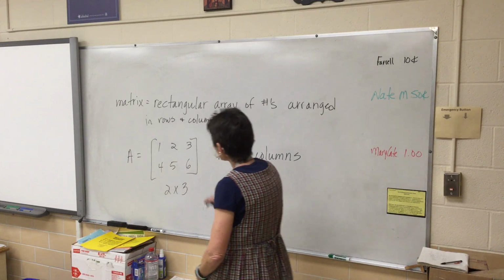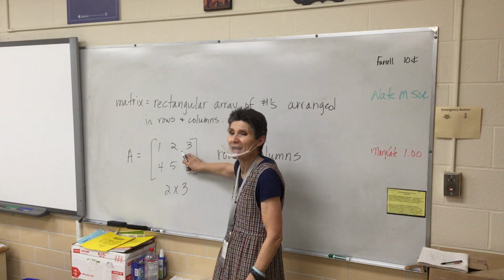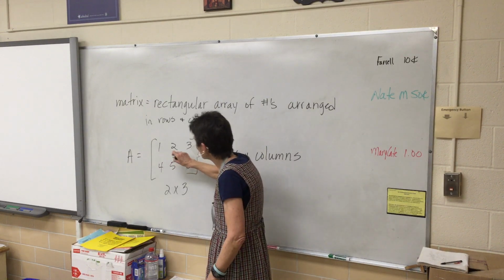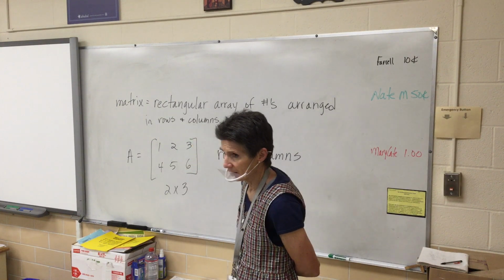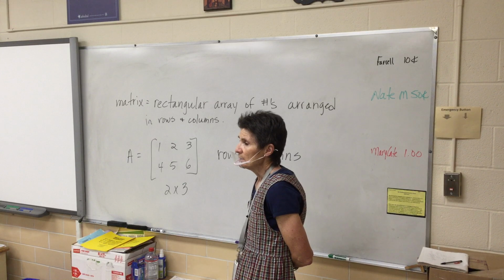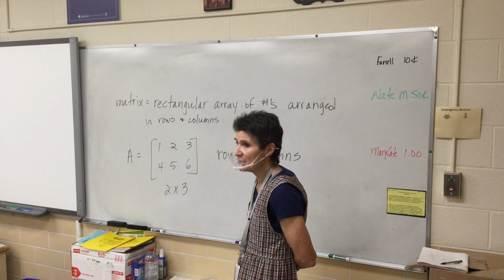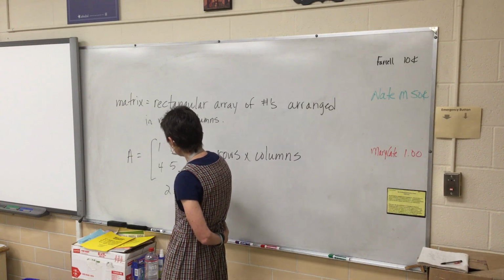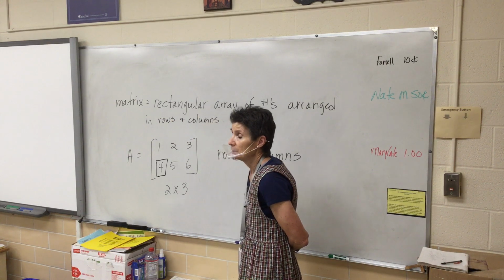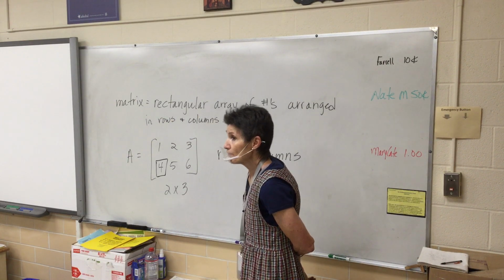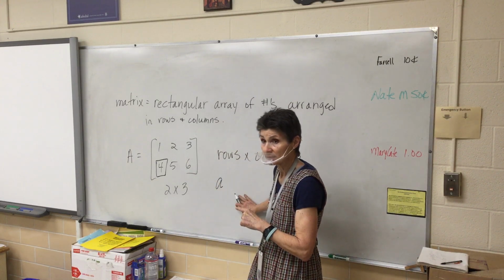The numbers in the matrix are called entries or elements. So the numbers inside the matrix are the entries or the elements. When we identify an entry, let's say I want to talk about that 4. I would refer to it with a lowercase a.